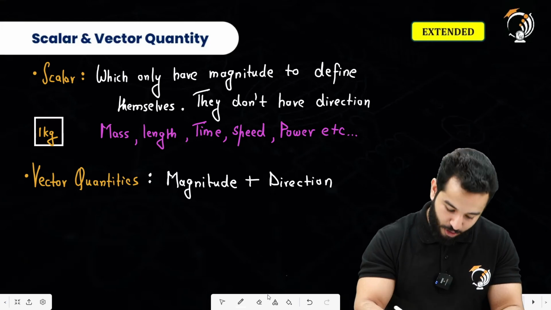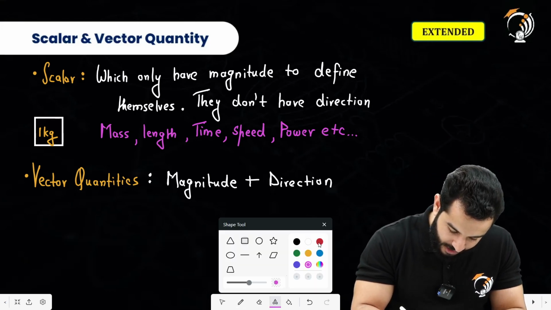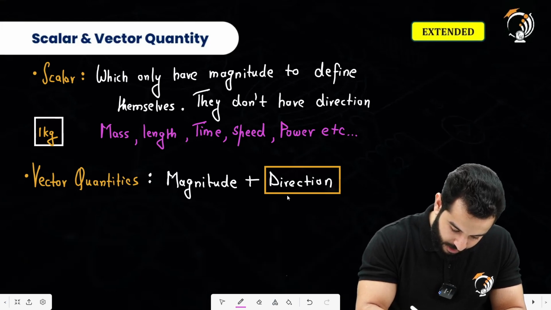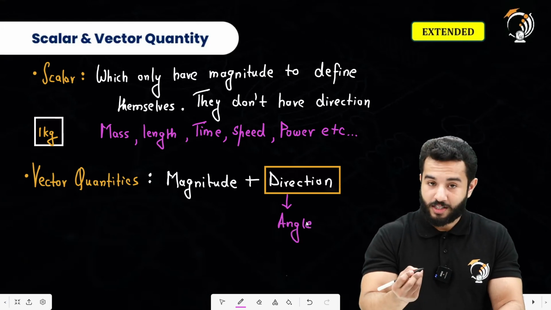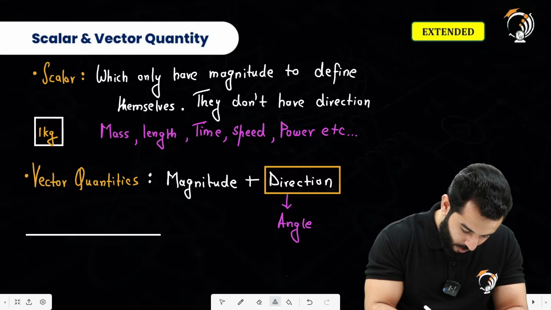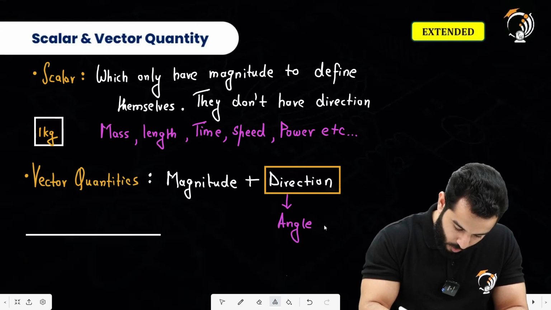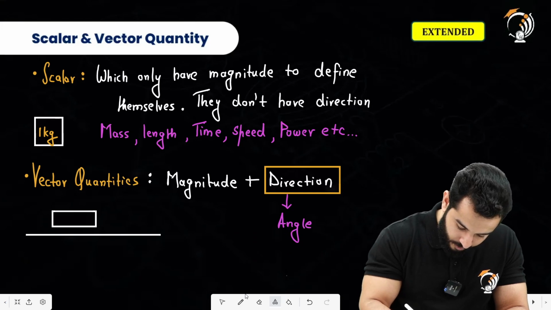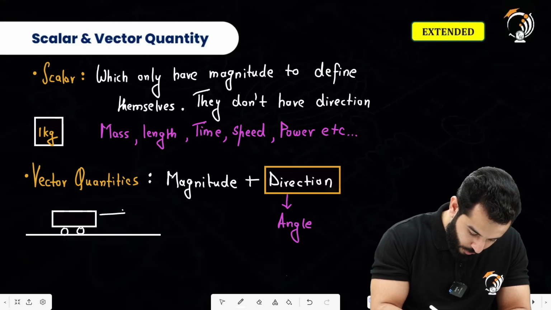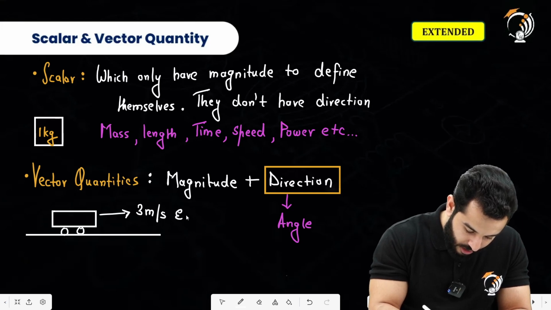In physics, directions are usually expressed in the form of an angle, or, for example, let's suppose we have got a car which is moving with 3 meter per second due east.